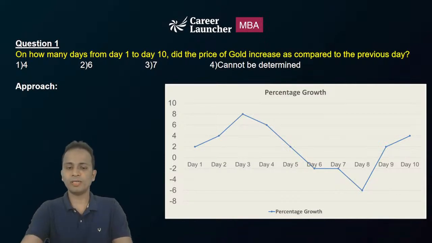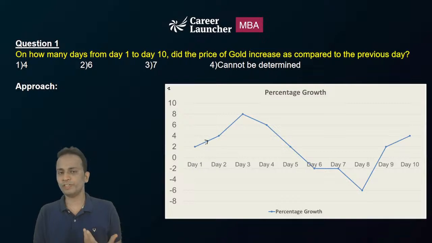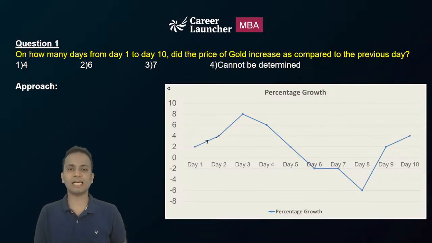All right, now let's analyze the complete data given to us. Generally, what mistake can we make? The question is, on how many days from day 1 to day 10 did the price of gold increase as compared to the previous day? The general mistake is, if you look at the data from day 1 to day 2, it is a positive slope. On day 1 the growth was 2%, on day 2 the growth was 4%, so we feel that on day 2 the price has increased.